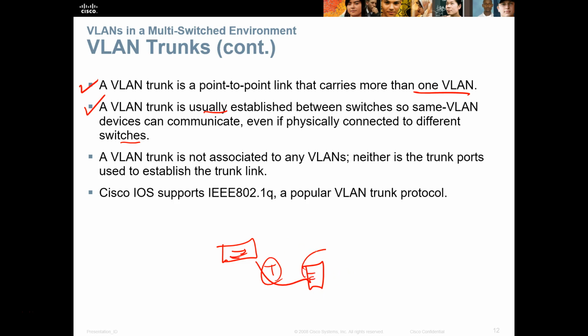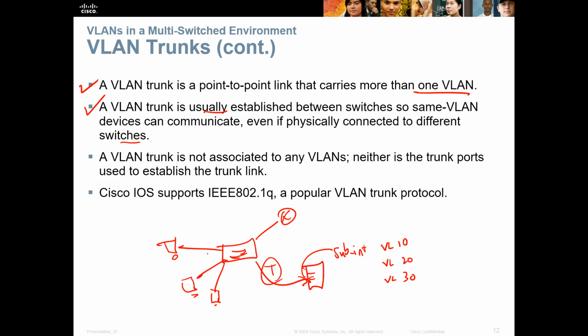And that would allow you to have sub-interfaces on the server, and you could have a sub-interface on VLAN 10 and a sub-interface on VLAN 20 and a sub-interface on VLAN 30, let's say. And then you could have multiple devices all on those different VLANs. Each of these devices could have direct communication to the server without having to pass through a router.